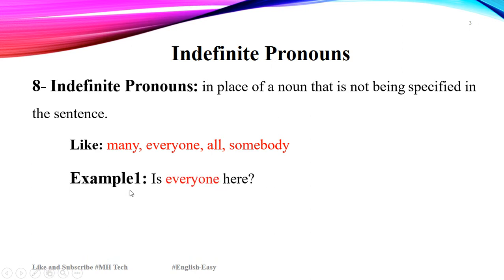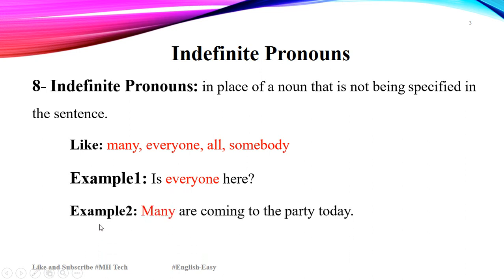So go to an example. Is everyone here? So instead of everyone, we do not have any name, and we used this word which is not specific. It does not point to a specific person or place or thing.